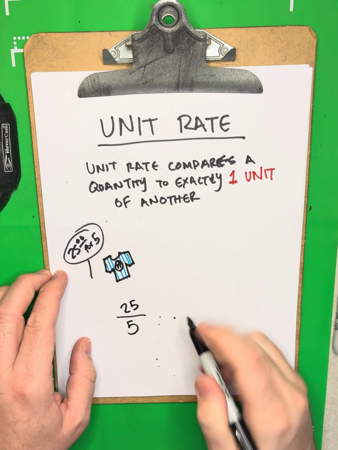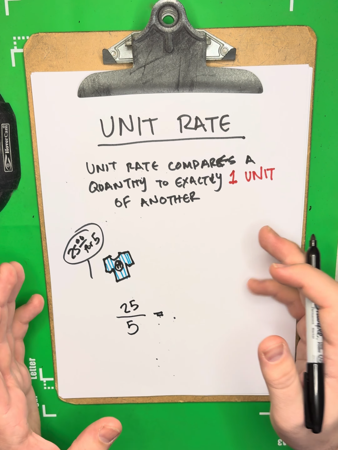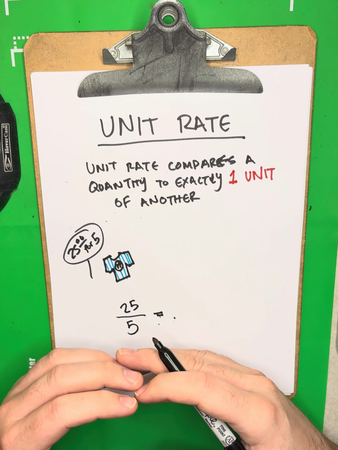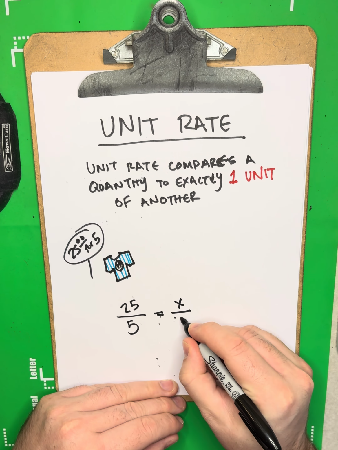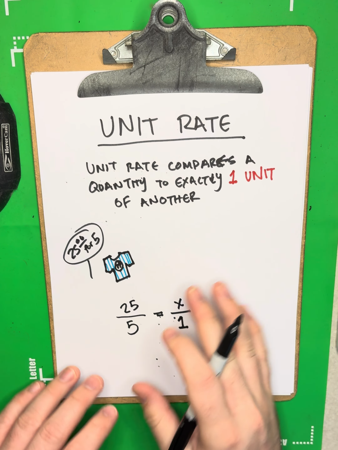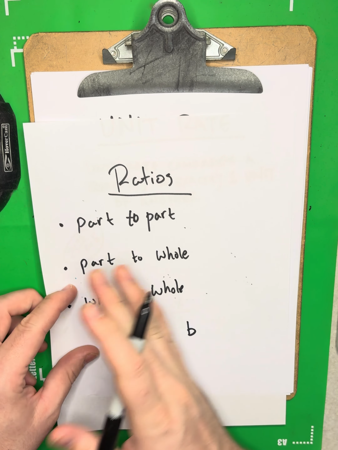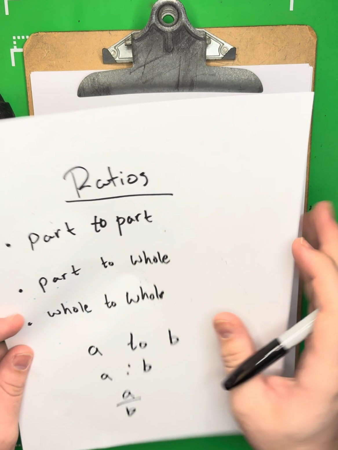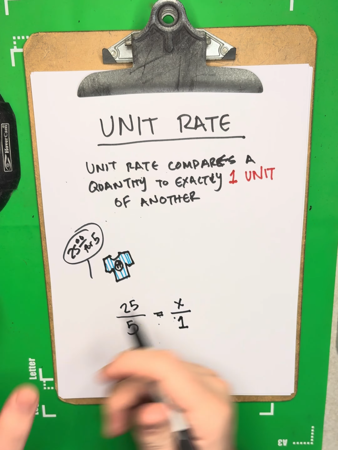So I need to find the one singular unit. And I set that up exactly like our previous unit with one-step linear equations, where I put x over 1. And the comparison I'm making when we talked about our ratios is we have a thing to a thing, okay? This to that. So I need to focus on how I'm putting that into the structure.